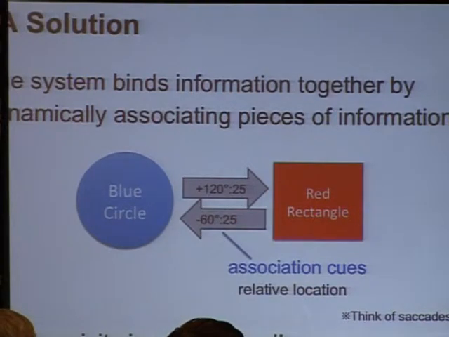Now, the solution part. A solution to the problem would be a system that binds the information together by associating pieces of information dynamically. Here, the network associates the pattern representing blue circle with another pattern representing red triangle with association cue representing relative location.